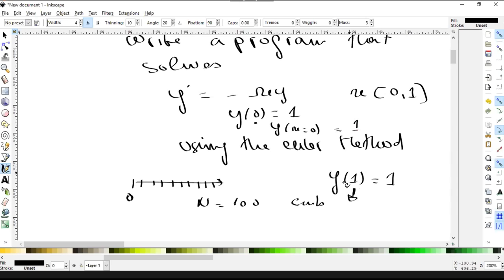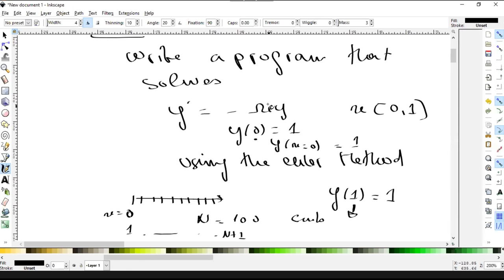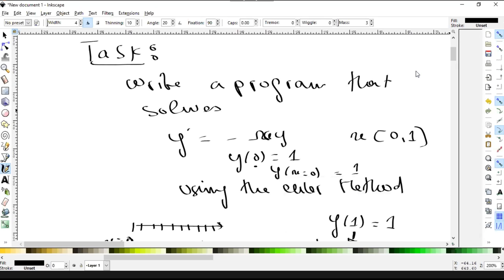The first index corresponds to x equals 0, so you go from 1 till n plus 1: if you have n sub-intervals, you have n plus 1 points. So you define a vector x, and then knowing the initial value, you solve y prime equals minus xy using the Euler method. Think about it.